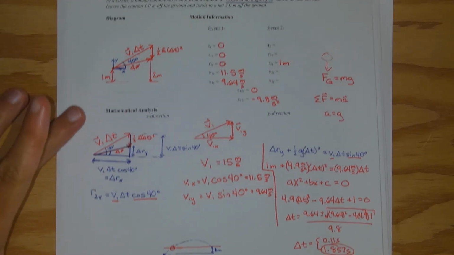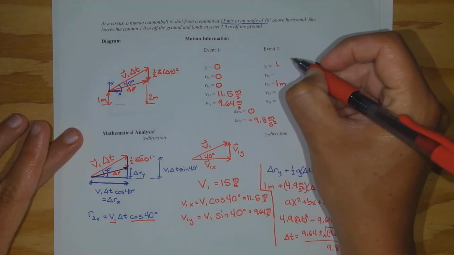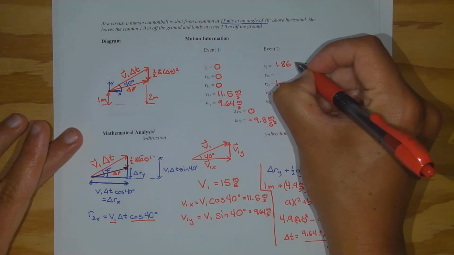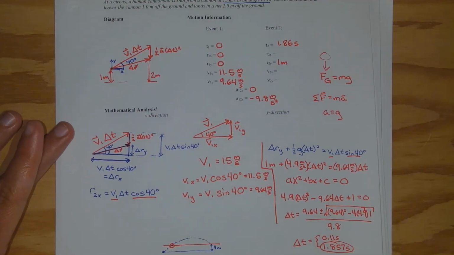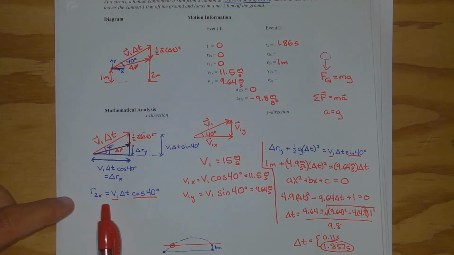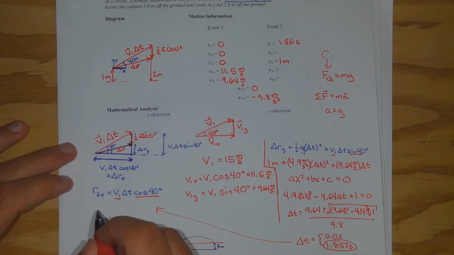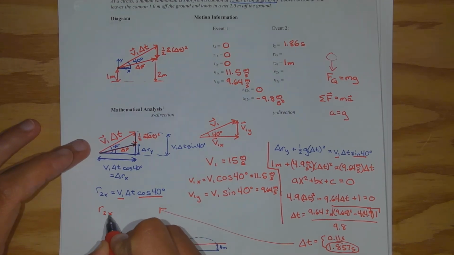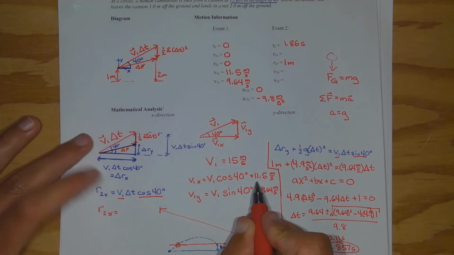And so we can round it when we put it in our table and call this 1.86 seconds. And now I want to know R2x. So I can go back to my equation here, plug in delta t, and I get R2x is equal to v1 times cosine of 40 degrees, that's 11.5.